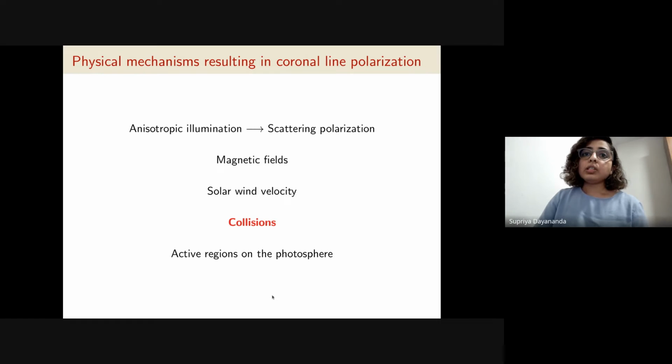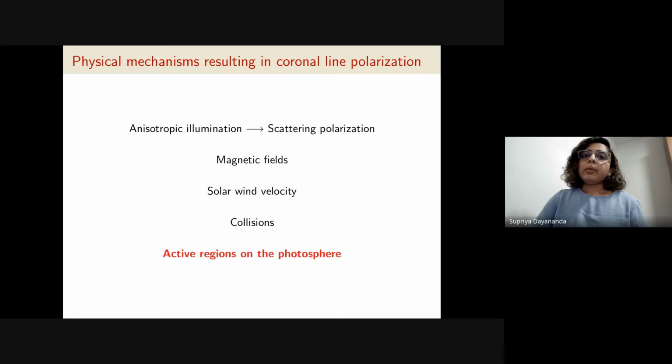Hence, collisions become a very important factor when you are looking at especially the forbidden lines that are formed in the solar corona. Apart from these, the active regions on the photosphere can also break the symmetry of the radiation coming from the underlying layers and can lead to a change in the coronal line polarization.